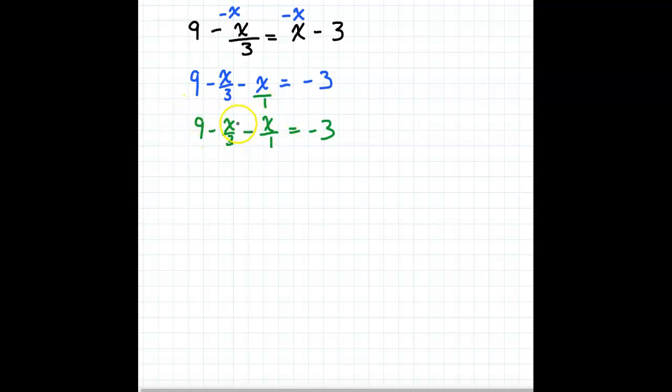Then at least I'll have the x's on one side. So let's just get that out of the way. So I'm going to subtract 9. That's how I undo 9, right? And then I'm going to do the same thing to the other side. So I will have negative x over 3 minus x over 1 equals -12.